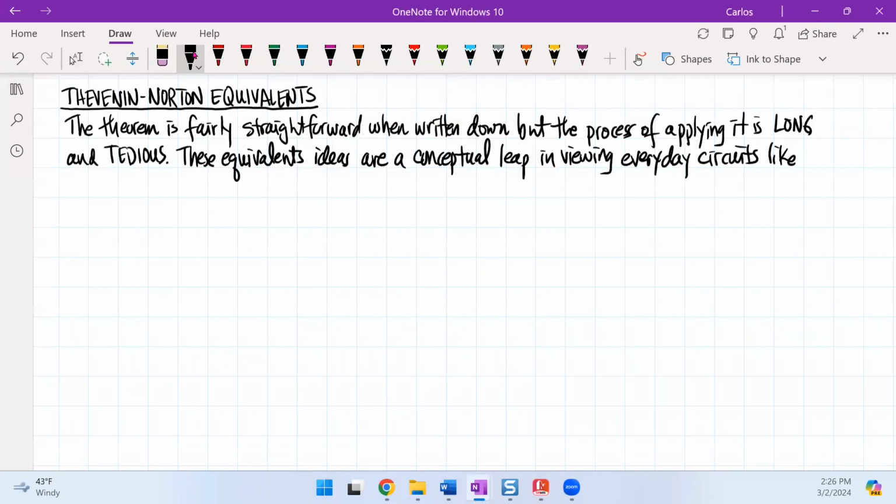Like a power supply. A power supply is a really good way of viewing a Thevenin equivalent.